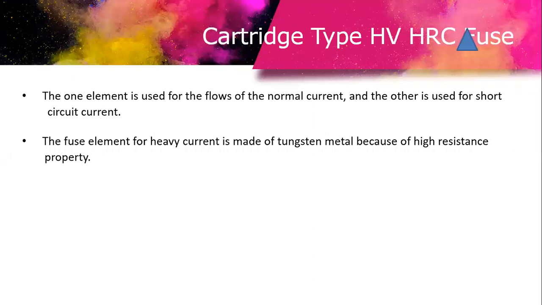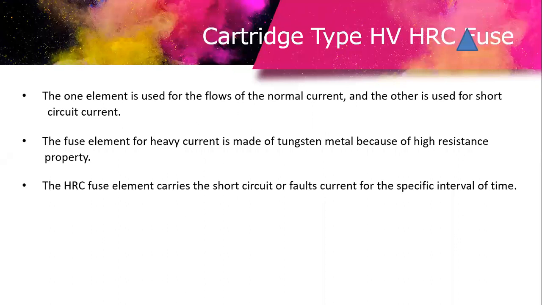Generally we use a tungsten filament in an incandescent lamp. The same high resistance material is used as one of the elements in high voltage fuses. This is generally used for short circuit current limiting because of its high resistance property. The HRC fuse element carries the short circuit or fault current for a specific interval of time, so it operates only for a small amount of time.